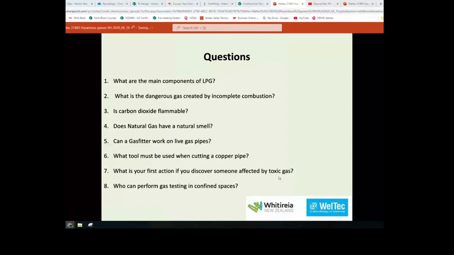Who can perform gas testing in confined spaces? It's a trickier one.